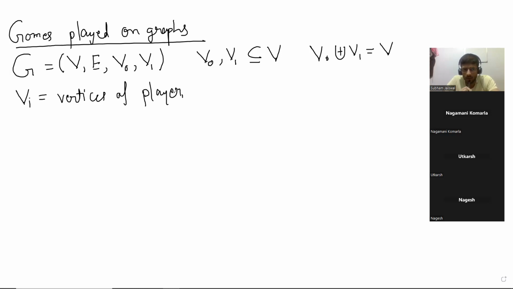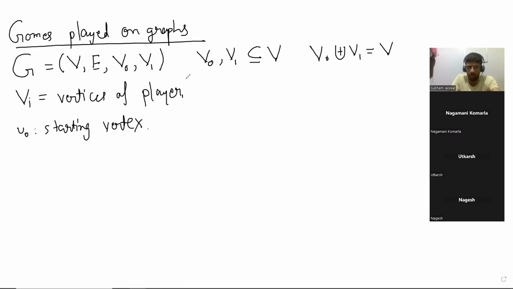Okay, so now what is a game? The game I've already described, but there will be a starting vertex. We will just call it v0. This is obviously different from that V0. This is the starting vertex. And then, as I said, at the ith stage, suppose the starting vertex small v0 belongs to capital V0, then player 0 will make a move, and that means he will choose a different vertex.